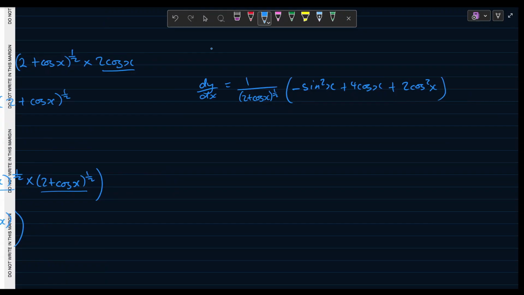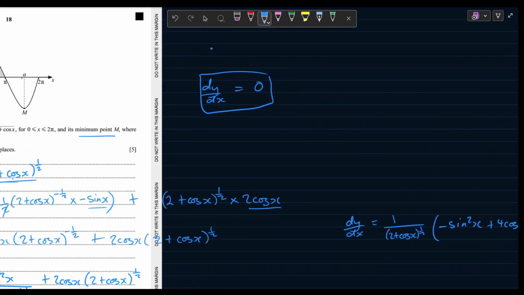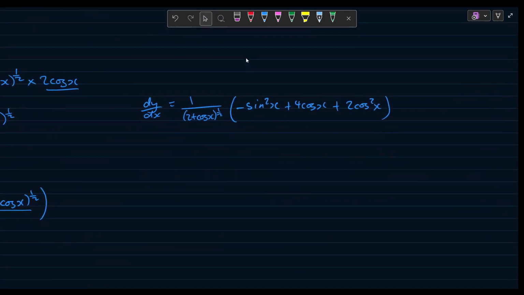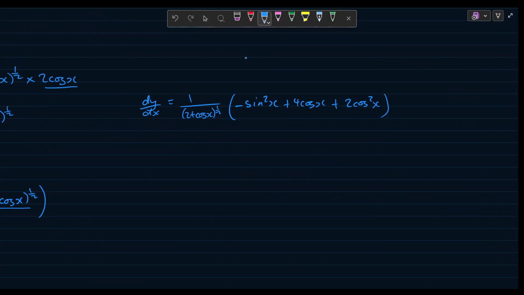Alright, so at this point, I'm now going to equate to 0, because remember, at the end of the day, we want to find our minimum point, and we know that at a minimum point, the gradient is 0. So this becomes 1 over (2 plus cos x) to the half, multiplied by (negative sine squared x plus 4 cos x plus 2 cos squared x), and this is all equal to 0.